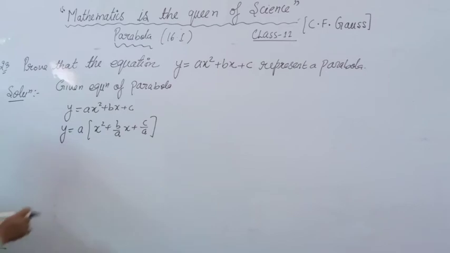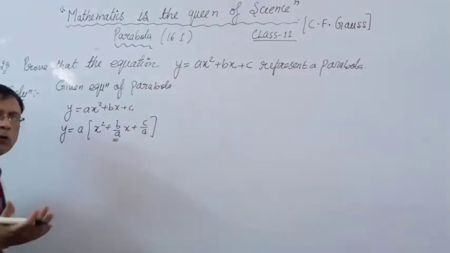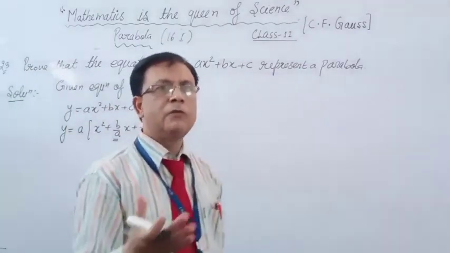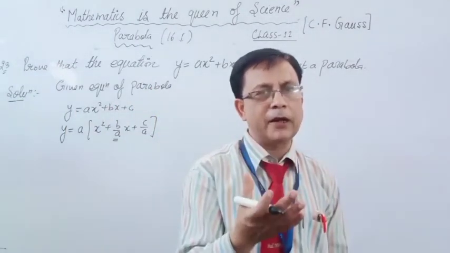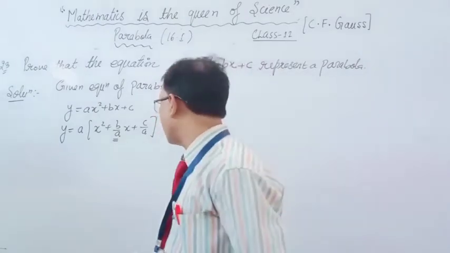Now what is the rule? We add and subtract half of the square of the coefficient of x.